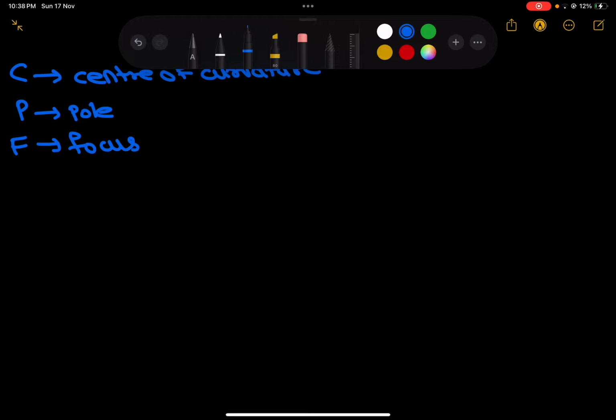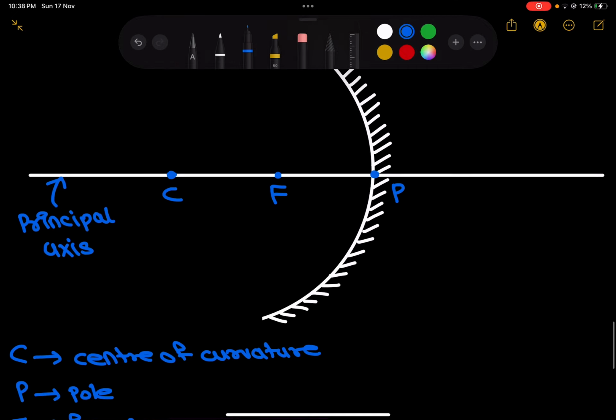I'll tell you in a little bit, but before that, three more terms. Just remember for now the name focus. So this is center of curvature, focus, pole. And you must use these letters to denote the specific terms. You cannot use anything else. Don't use X, Y, Z, just use C, F, P.